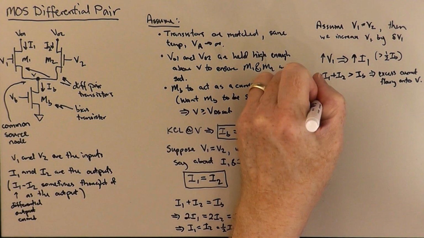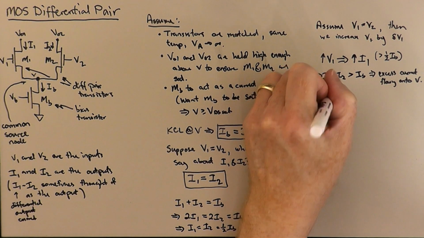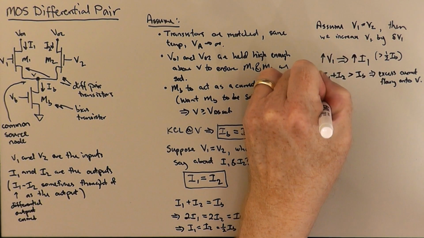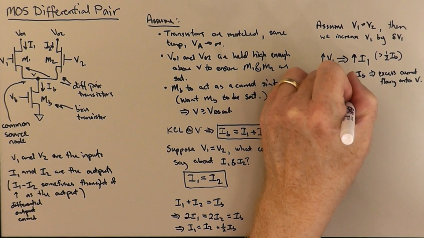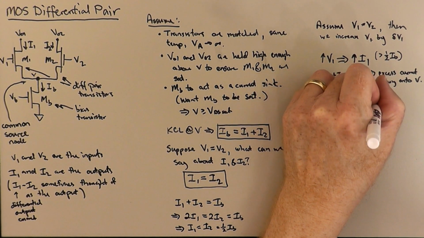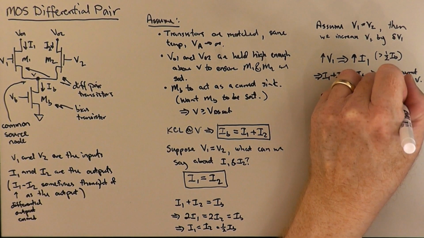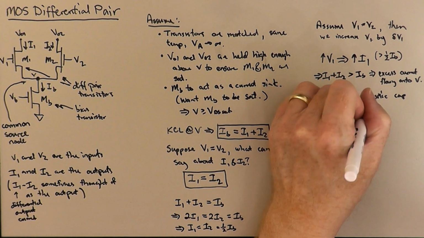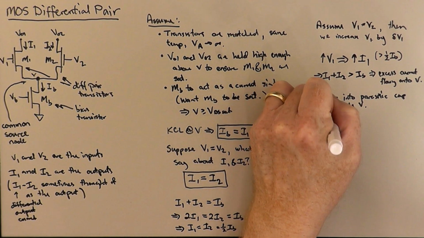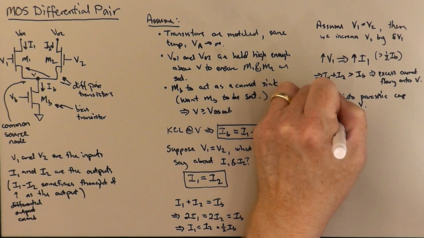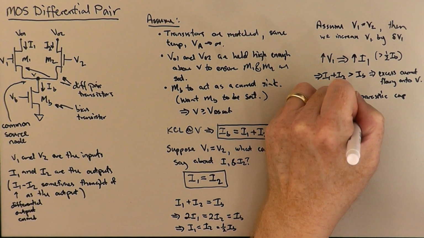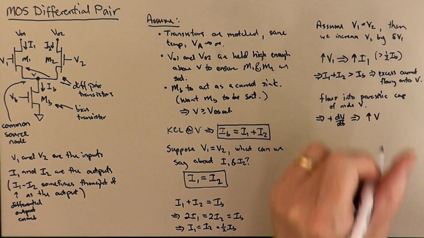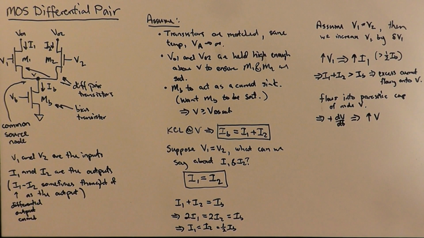So it flows into the parasitic capacitance of node V, which leads to a positive dV/dt, which leads to an increase in V. So that excess current will go into raising the voltage here on the common source node V.